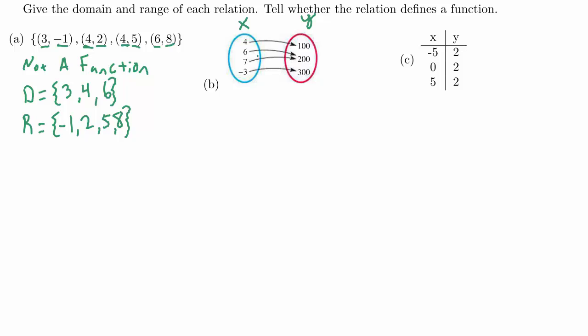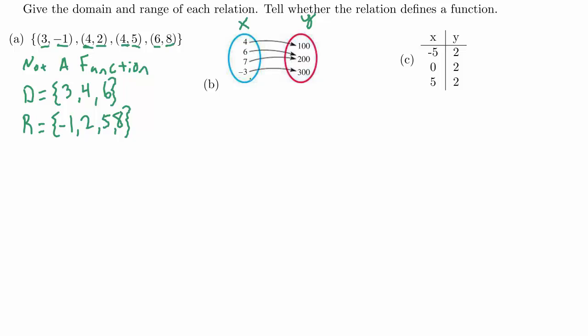The way that you can see this is that if you look at the arrow here, the head is pointing to the 100. In other words, it starts at the 4 and goes to the 100, which means 4 corresponds to 100. That means that this bubble are the X values and this bubble are the Y values.